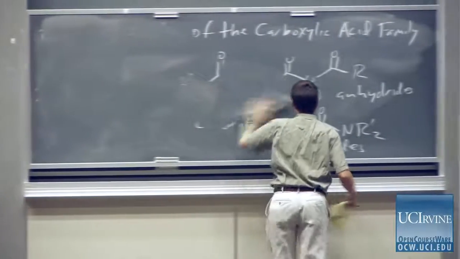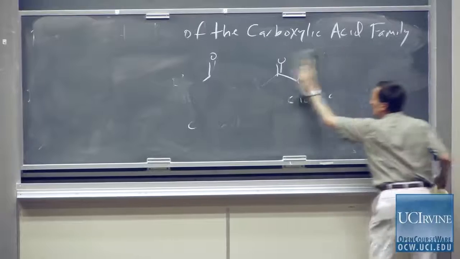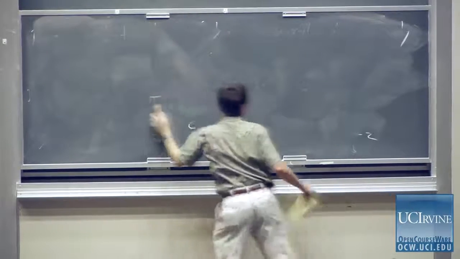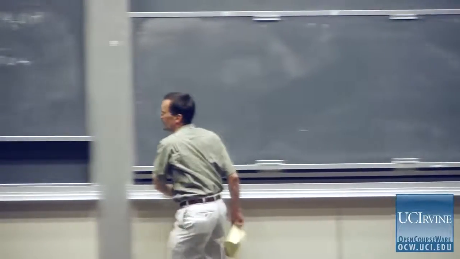And to a certain extent, maybe with the exception of amides here, if I took any of the compounds that I'm erasing and treated them with lithium aluminum hydride, you would get a similar reaction of them.